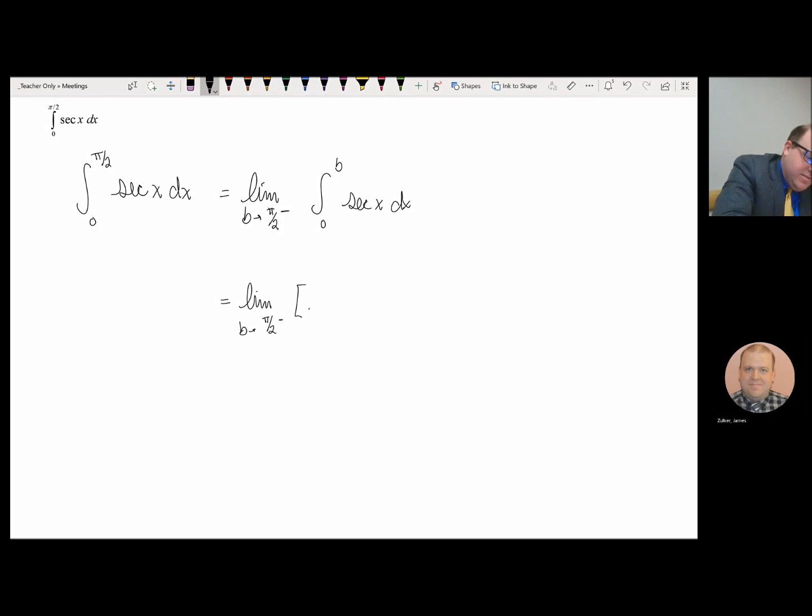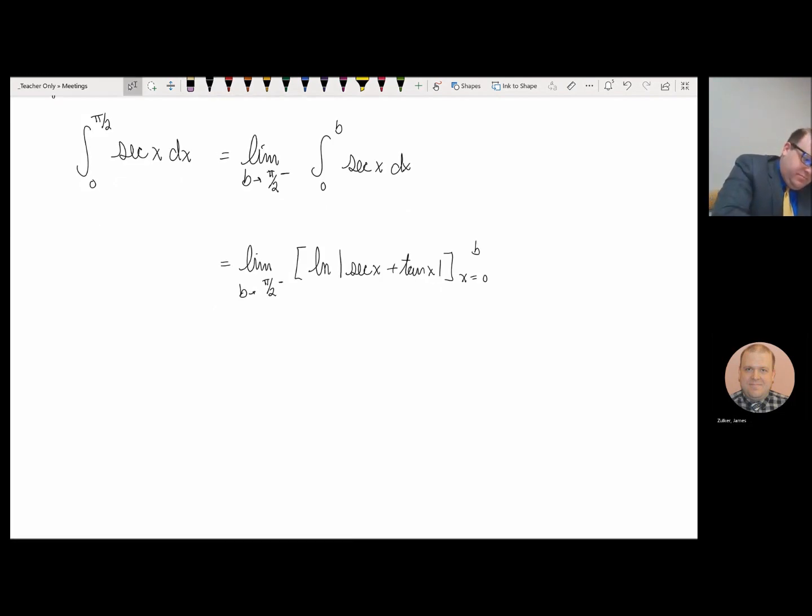Close. Natural log of the absolute value of secant x. The limit as b approaches pi over 2 from the left.